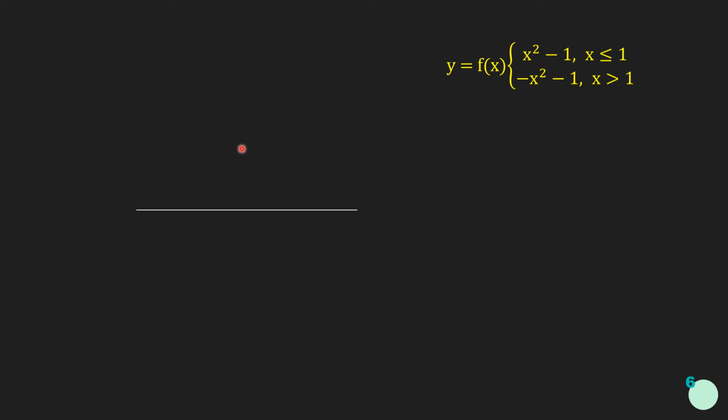So, x-axis, y-axis, the graph of function x square minus 1 will be a parabola opening upwards.